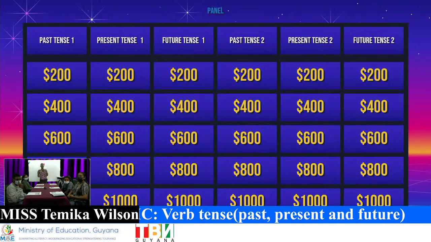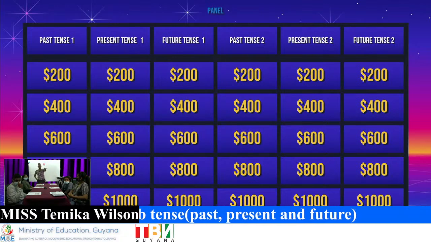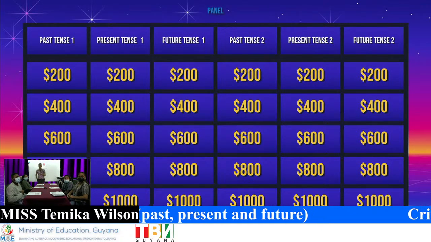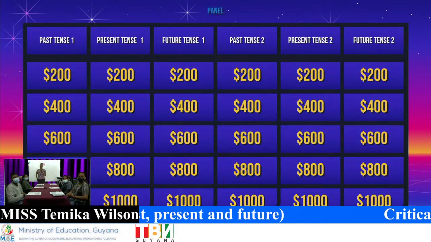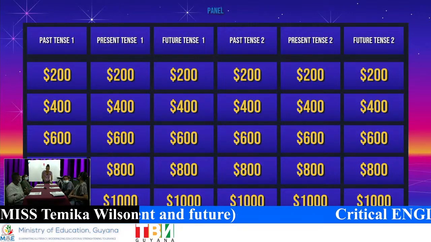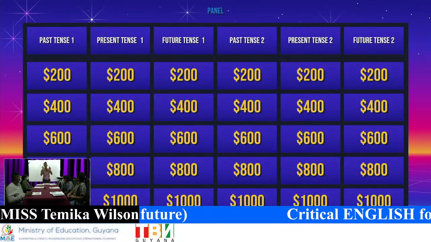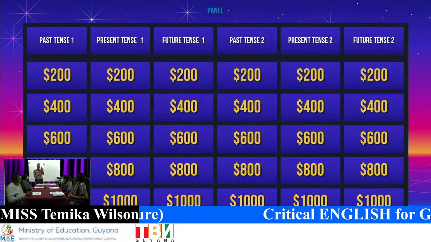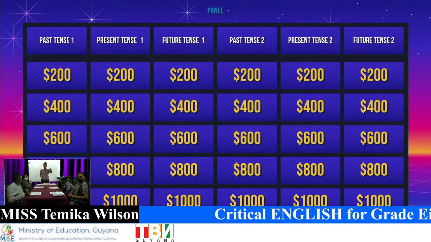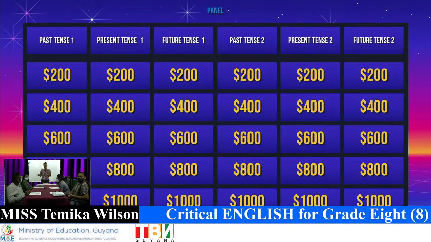So what you do is that you select and you say, okay, we're going for present tense at 400. And then the question comes up, and we see what the question is, and you answer. If you get it right, you get 200 points. The trick in the game: all of the questions from 200 to 800 are knowledge questions, meaning that you have done them before, and you're basically identifying the verb tense in the sentence.